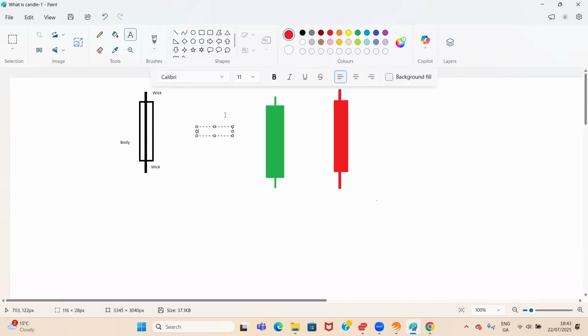Now the body part I'm referring to is this part from here to here. When it is a green candle, we also call it a buying candle, or in other words, it is where the buying is happening.